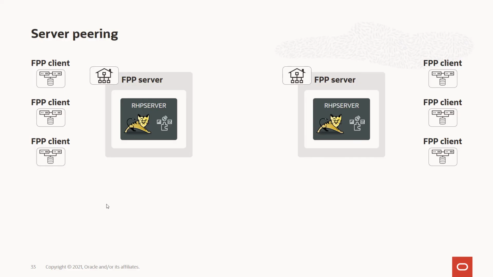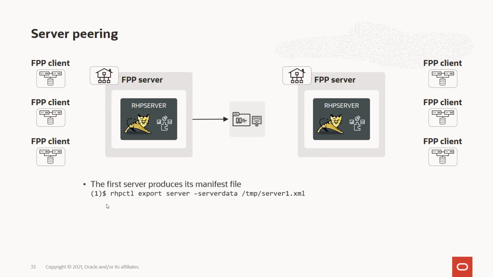So what we recommend is to have an FPP server per data center, and then synchronize the servers by exchanging the images once among the servers, and then doing local deployments from one FPP server to its targets in the same data center.